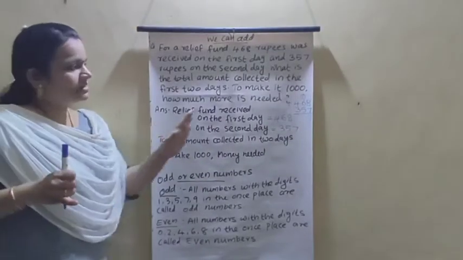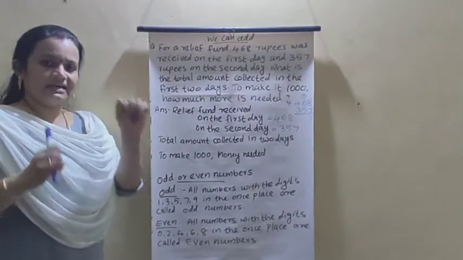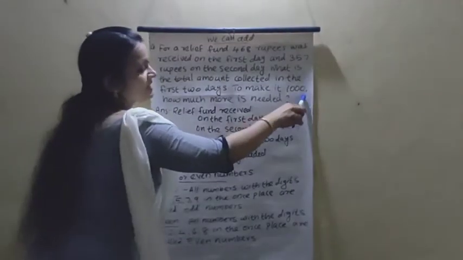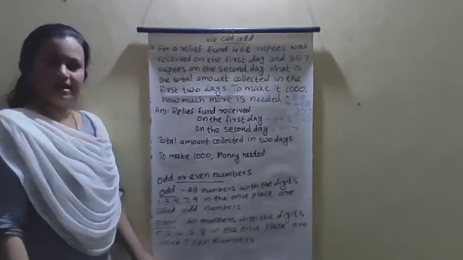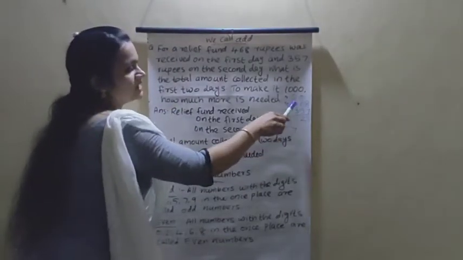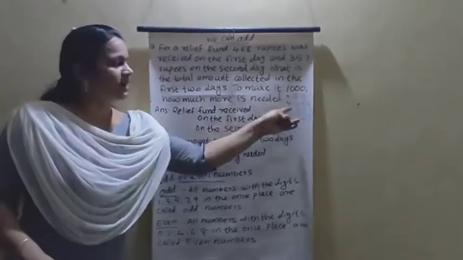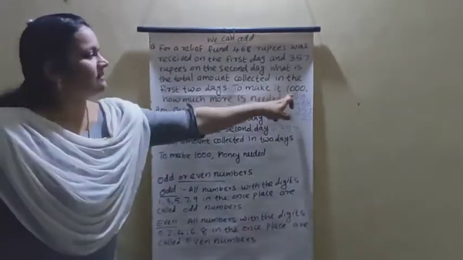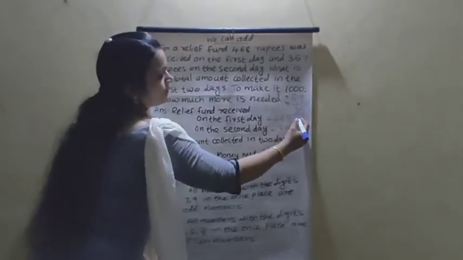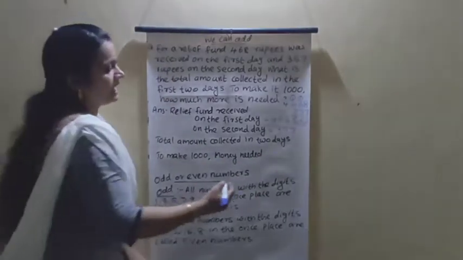Take your 6 fingers, count after 5: 6, 7, 8, 9, 10, 11. 11 plus 1, 12. 1 is again the carryover. Then 3 plus 4, what is the answer? Take your 4 fingers, count after 3: 4, 5, 6, 7. 7 plus 1, 8. The total, how much money was collected in these 2 days?